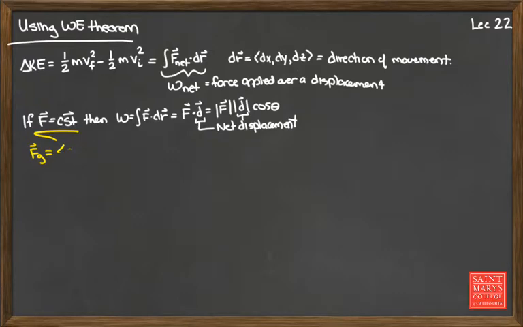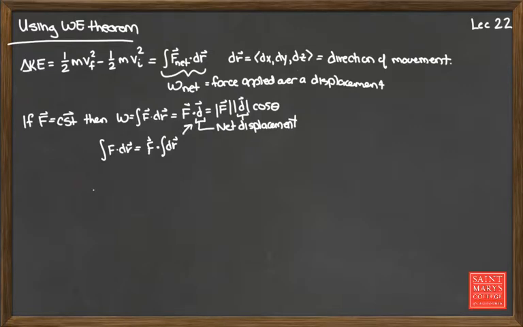Then the work that is done by that particular force, you're evaluating this integral. If the force is a constant force, just a number, you can take it out of the integral, and this is just the same as the force dotted with the integral of the displacement vector.